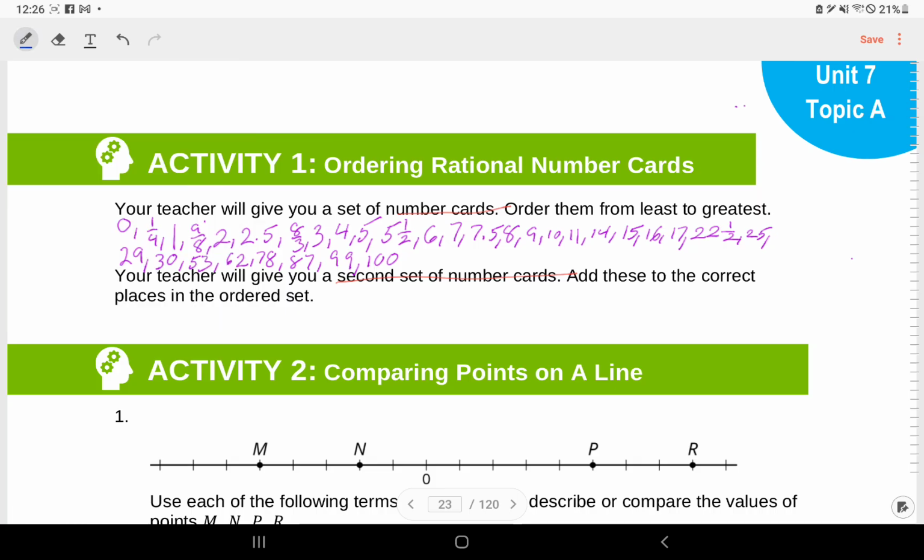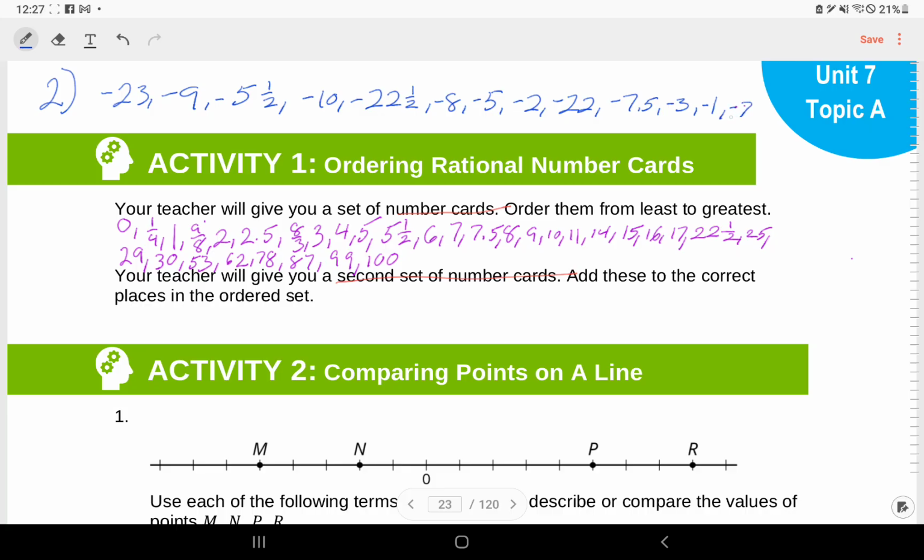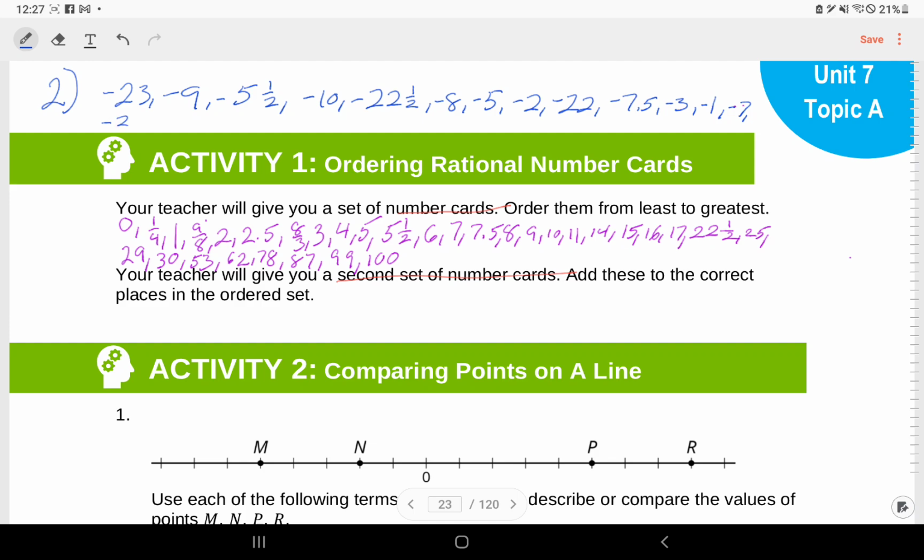So my next group of numbers are -23, -9, -5.5, -10, -22.5, -8, -5, -2, -22, -7.5, -3, -1, -7, -2.5, -9/8, and -1/4.